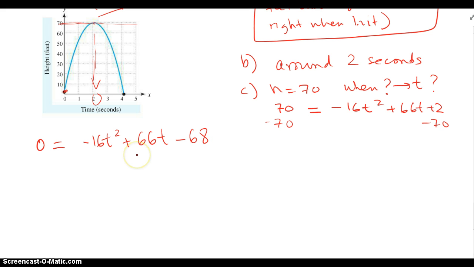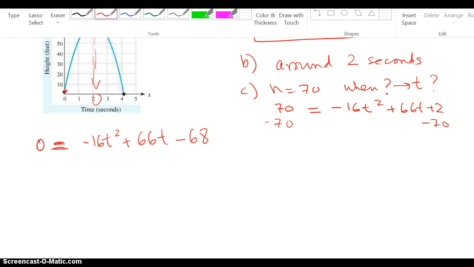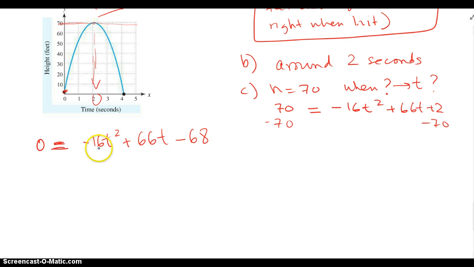This is a quadratic equation, and I could factor out a GCF, or since it's an equation, whatever I divide the right side by, I can divide the left side by as well. I see that they're all divisible by 2, and since the leading coefficient is negative and I would rather have it be positive, I'm going to divide everybody by negative 2, since this is an equation.